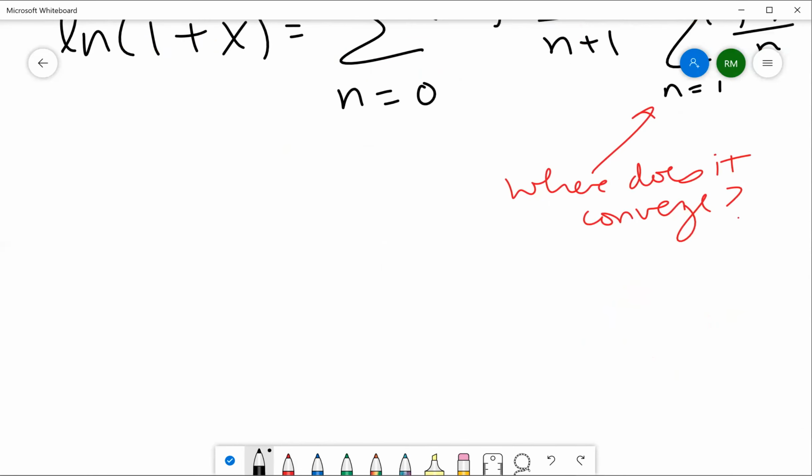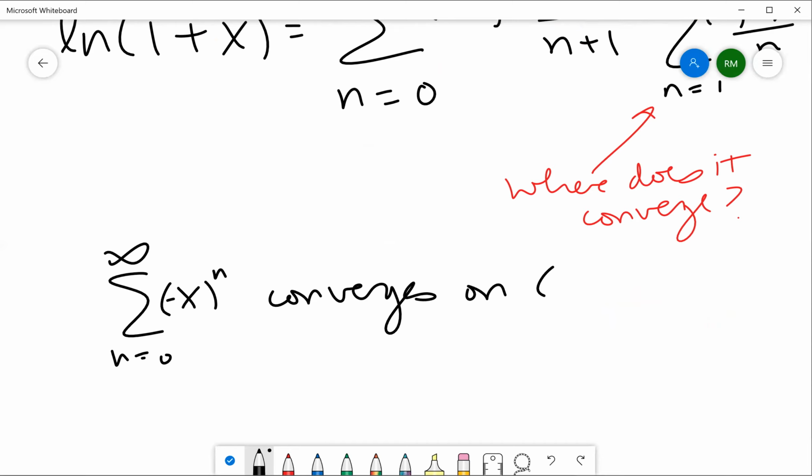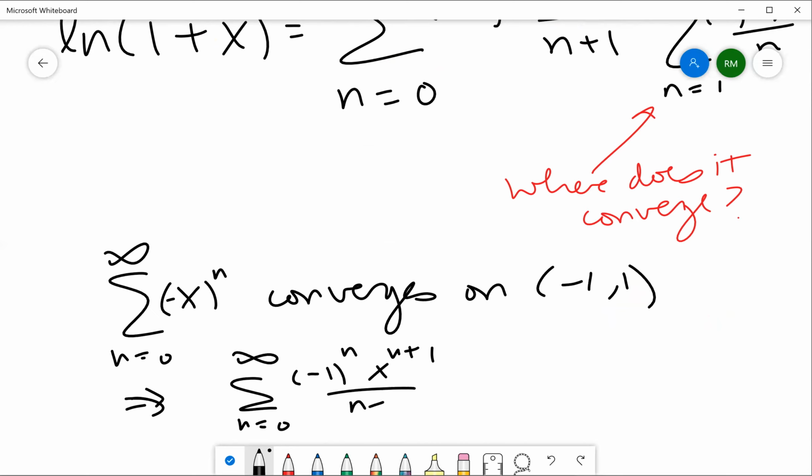So we knew that this series converges on negative 1 to 1, which will tell us that our new series also converges on the interval from negative 1 to 1.